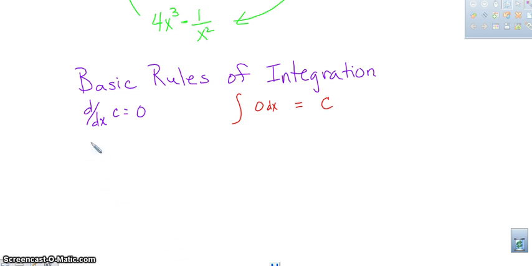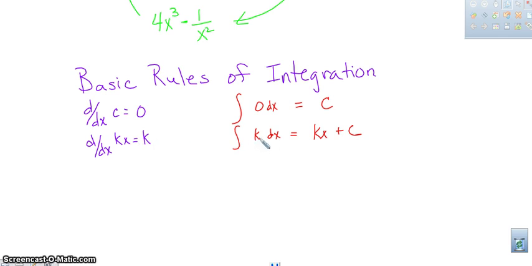If I take the derivative of kx, so some number times x, like 4x, the derivative of that was just k. If I integrate k by itself, dx, I get kx plus some constant. So if I take the derivative of kx right here, I get k.